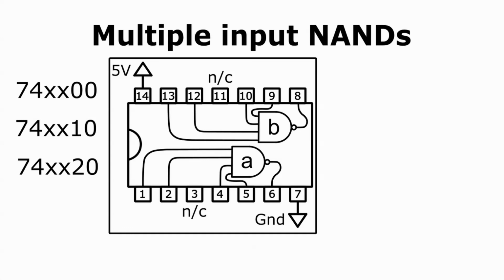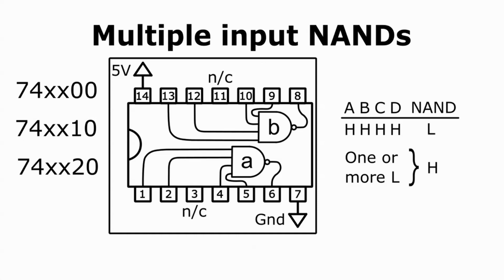There are larger ones too, but no other small ones. Now, back to the dual 4-input NAND. The truth table for each gate inside the chip is this: the output is low only when all 4 inputs are high. If any one or more of the inputs is low, then the output is high.